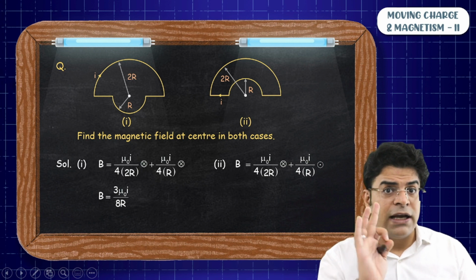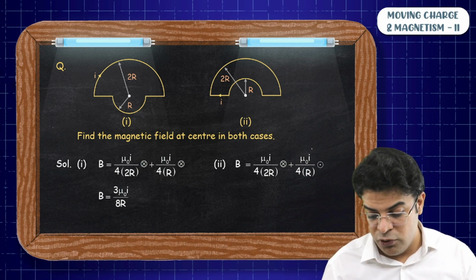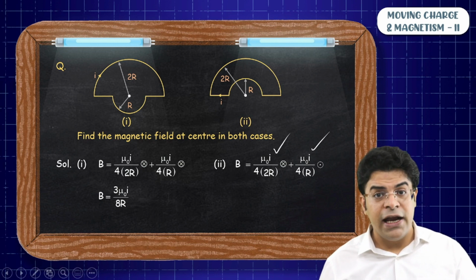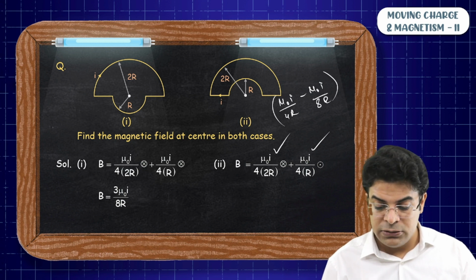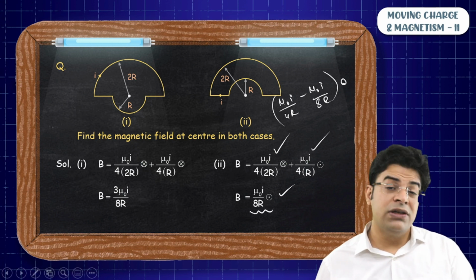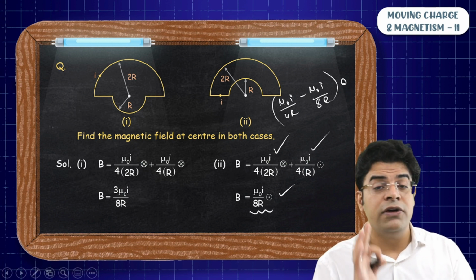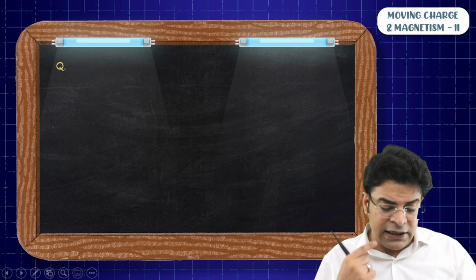So the net magnetic field will be in outward direction, and it will be mu naught I by 4r minus mu naught I by 8r, which is mu naught I by 8r outwards. That's how easy questions of magnetic field are. Let's practice more to understand better. Let's see the next example.